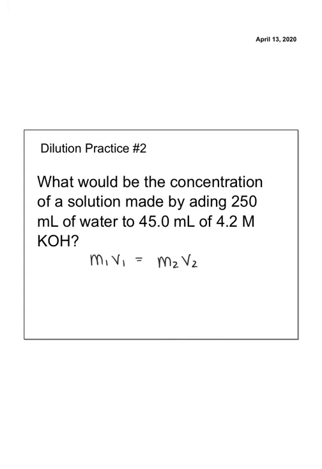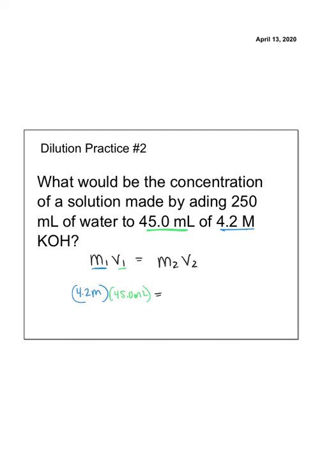All right, what would be the concentration of a solution by adding 250 mils of water to 45 mils of 4.2 molar KOH? Well, that's the starting molarity, 4.2 molar. And we know V1 is the volume of the strong stuff. So they said we're going to take 45 mils of that.